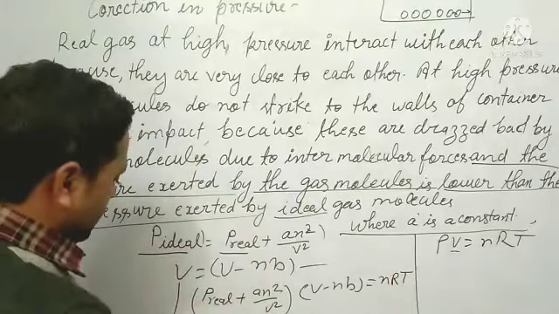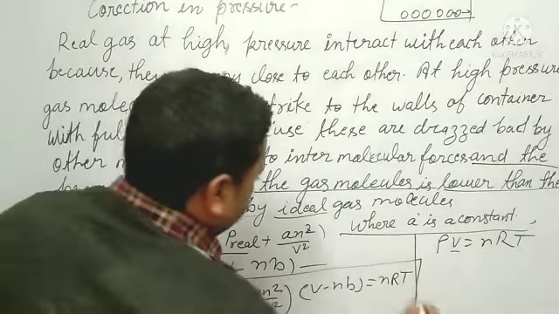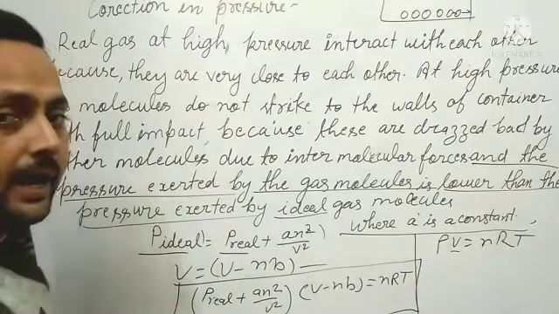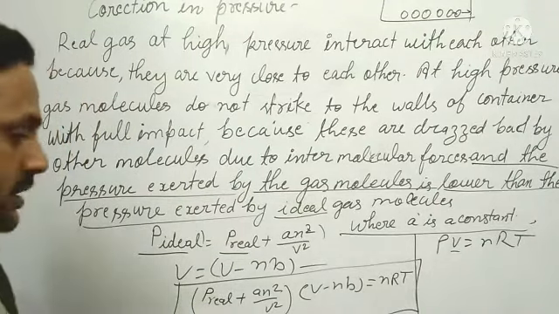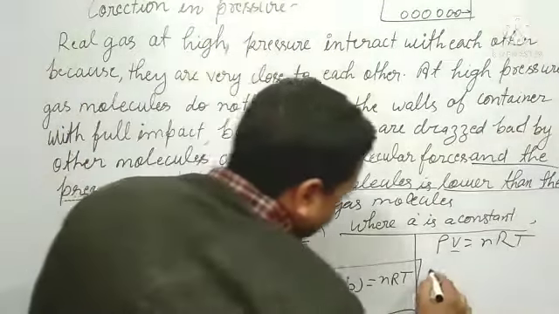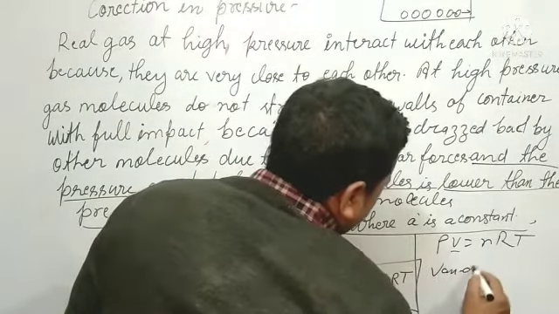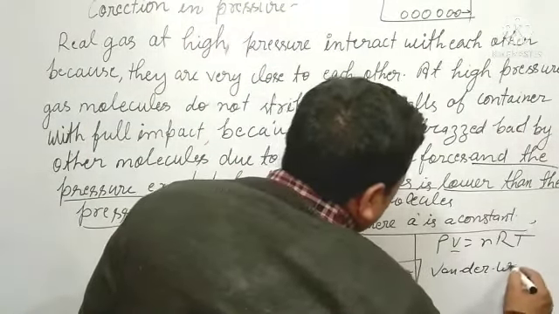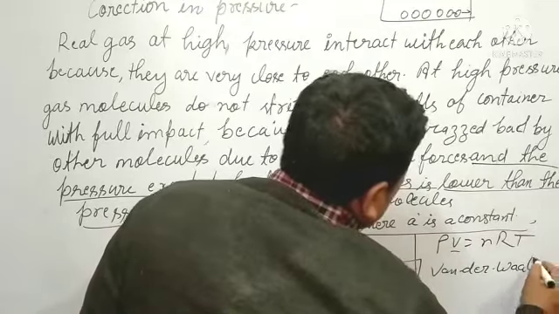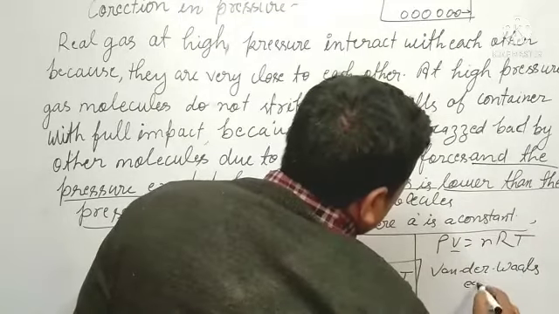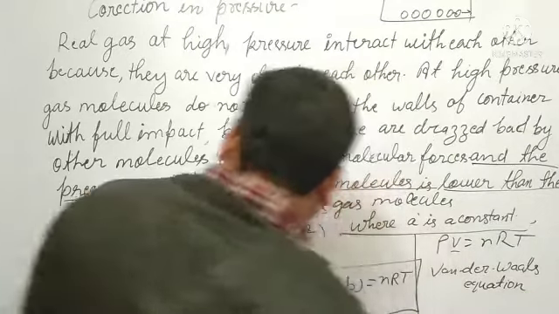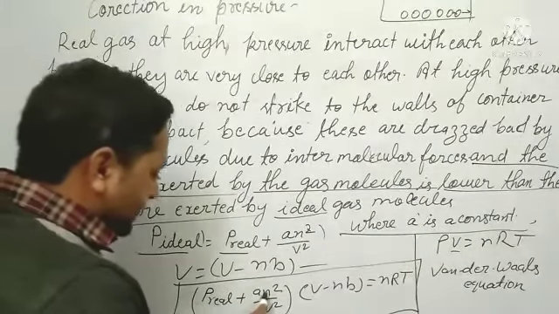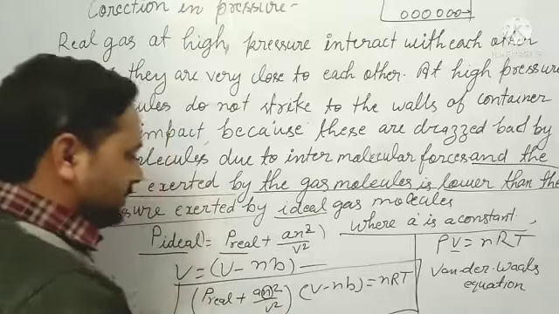This one is known as the van der Waals equation. Okay, and here n is the number of moles.